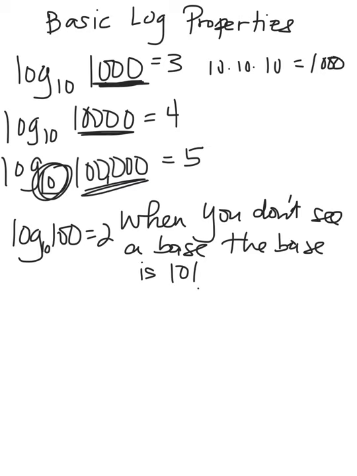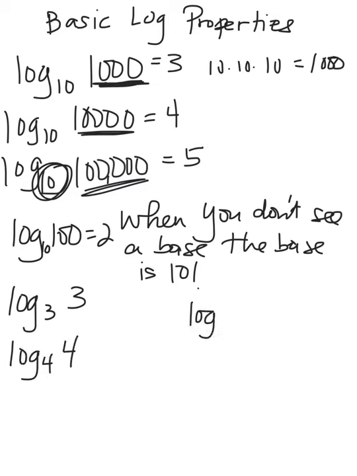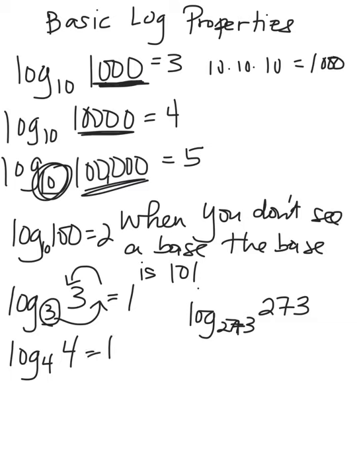So that equals 2. So now let's say we want to know what log base 3 of 3 is, log base 4 of 4, and log base 273 of 273. This is asking 3 to what power equals 3. And that's just 1. 3 to the first power equals 3. Same thing here. 4 to the first power equals 4.